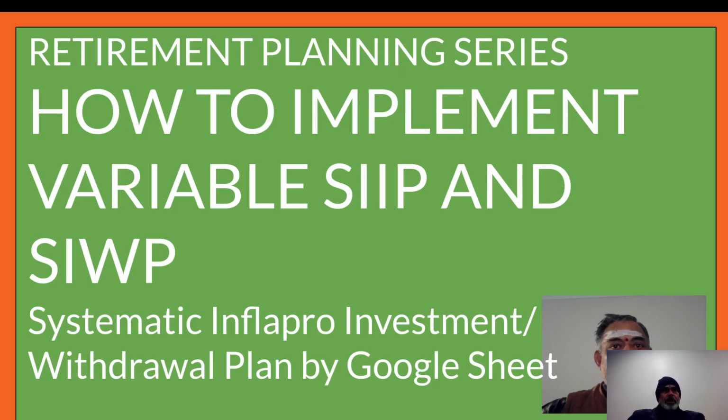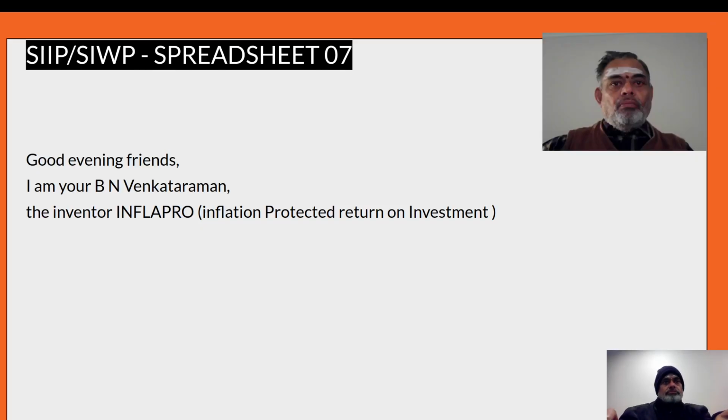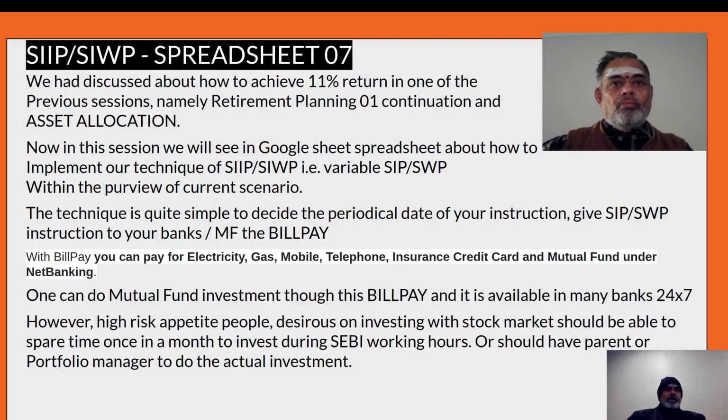Today, we will be continuing our retirement planning series: how to implement variable Systematic Pro Investment Plan and Systematic Pro Withdrawal Plan using Google Sheet. We had discussed how to achieve 11% return in one of the previous sessions, namely retirement planning 01, continuation and asset allocation.